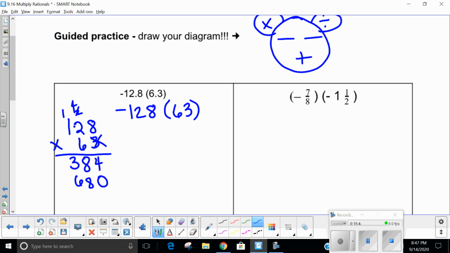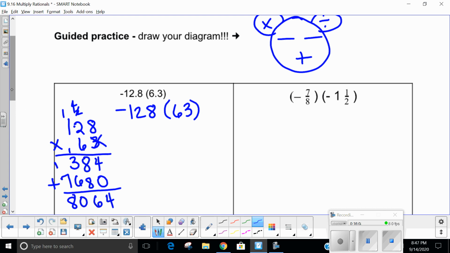I'm going to carry the 1. 6 times 1 is 6, plus 1 is 7. So now I'm going to add all that together, and we're going to say 4 plus 0 is 4, 8 plus 8 is 16, carry the 1. 6 plus 3 is 9, plus 1 is 10, carry the 1. 7 plus 1 is 8.